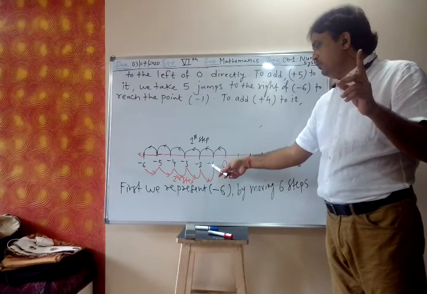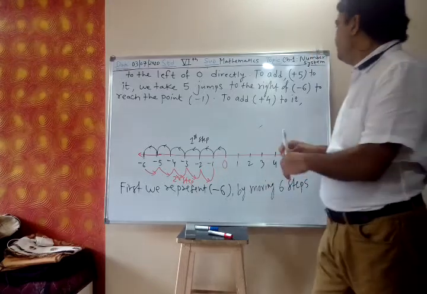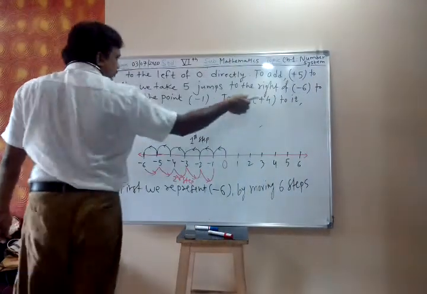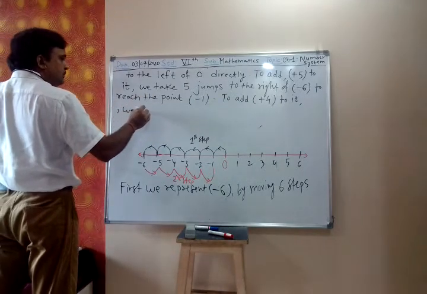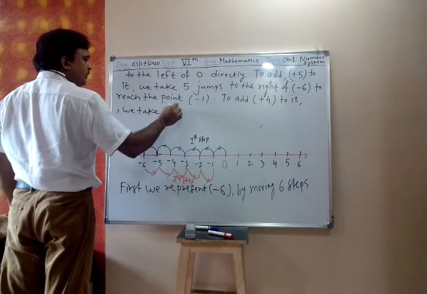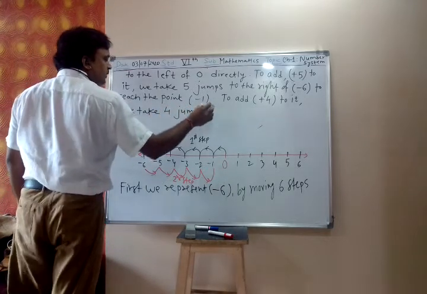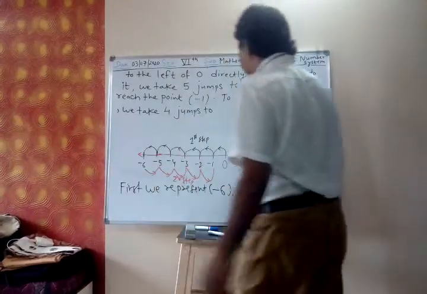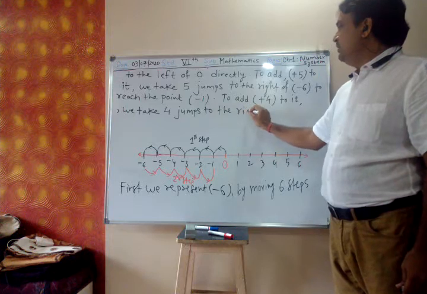To add plus 4 to minus 1, I will take 4 jumps to the right of minus 1.